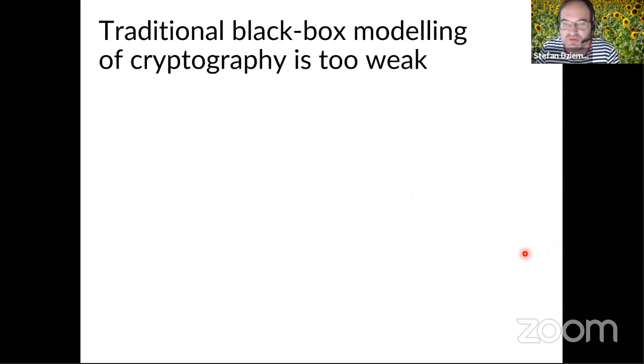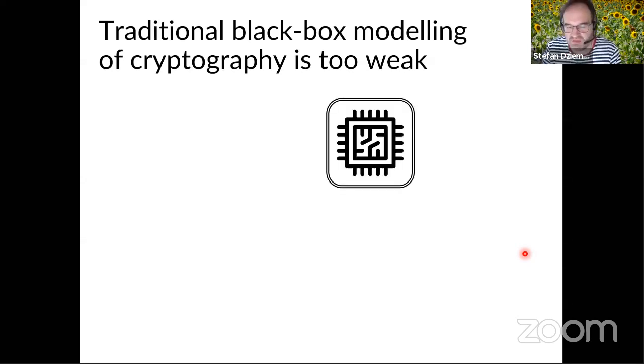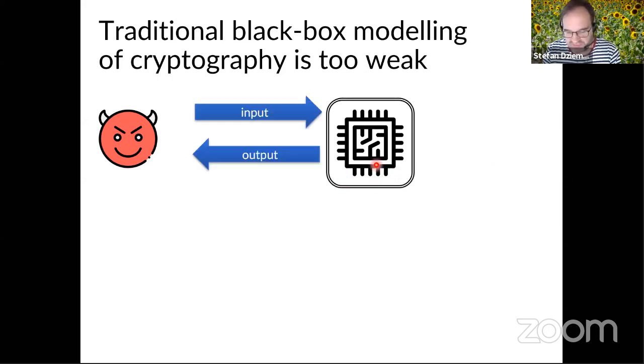And the main motivation behind these papers is always the same: that traditional black box modeling of cryptography is too weak. By black box modeling, I mean traditional modeling, like how you start teaching crypto: there is an adversary, there is a device, right? And the adversary interacts with the device via input and output.